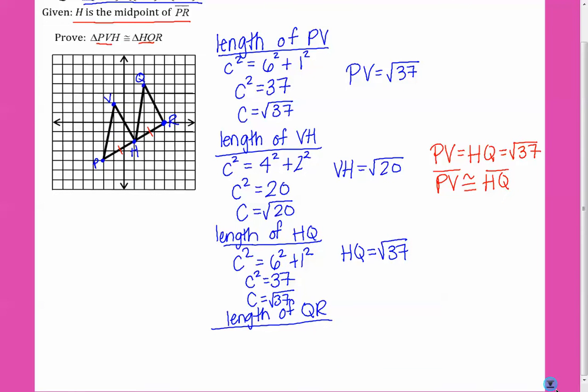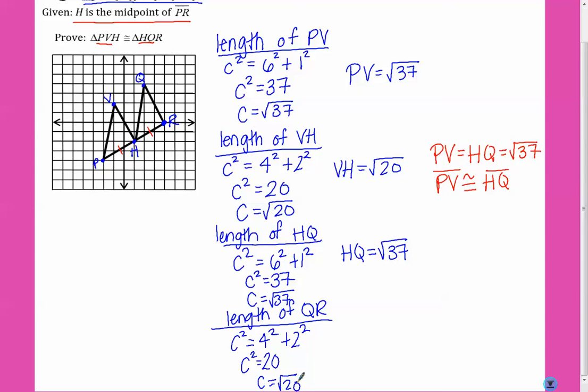What about QR? 1, 2, 3, 4, and over 2. So c squared equals 4 squared plus 2 squared. So c squared equals 20, or c equals the square root of 20.